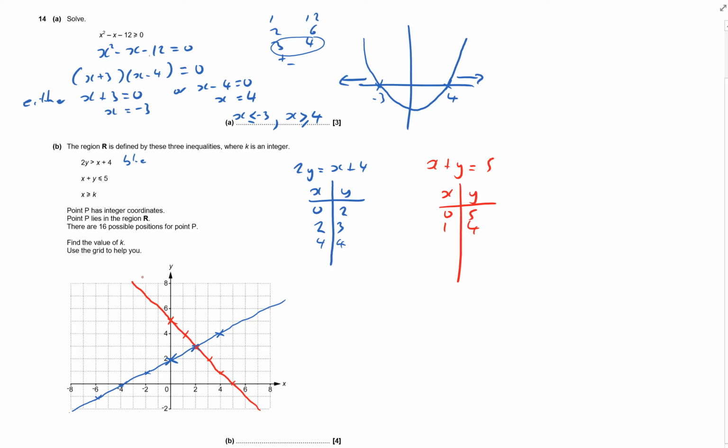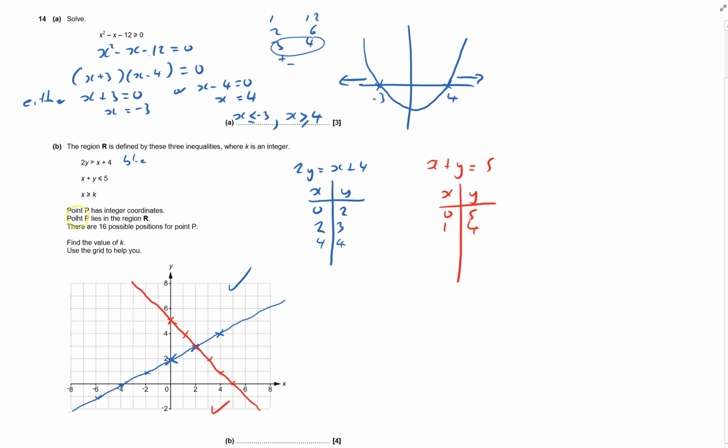Okay, and we want it to be less than or equal to 5, so we want it beneath this line, and we want above the blue line, and x is greater than or equal to k, and we don't know what k is.